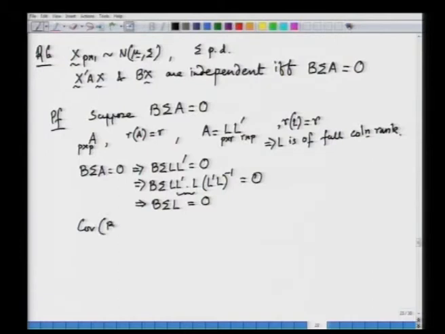I can use my earlier result: the covariance between the 2 linear forms Bx and L transpose X, which is nothing but B sigma L, we have just shown to be equal to a null matrix. This is equal to 0, and by our earlier result I immediately have Bx and L transpose X independent.